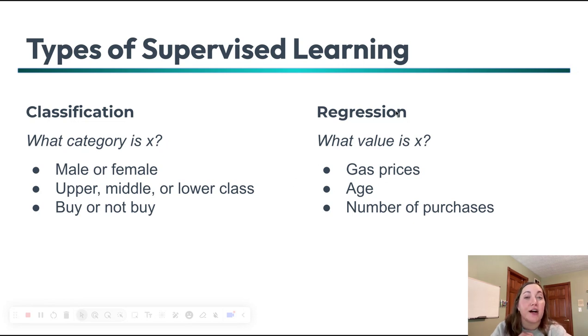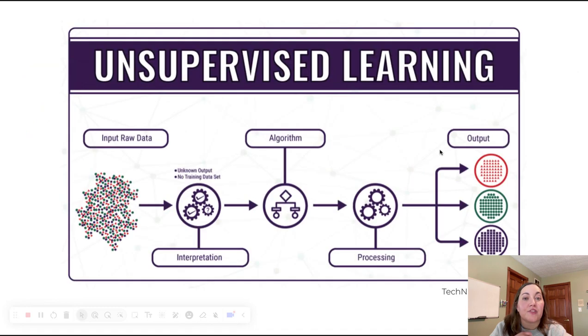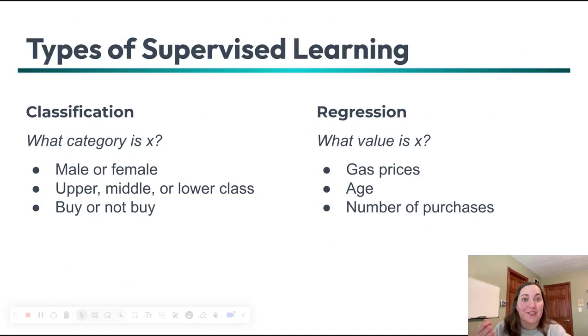And that is what's the value of X. So if you've ever done linear regression, so Y equals MX plus B, we're going to go back to that next week. Gas prices. What is the gas price going to be next week? What is the age of this consumer based on all of their purchases? How many items are they going to buy based on all of these factors?